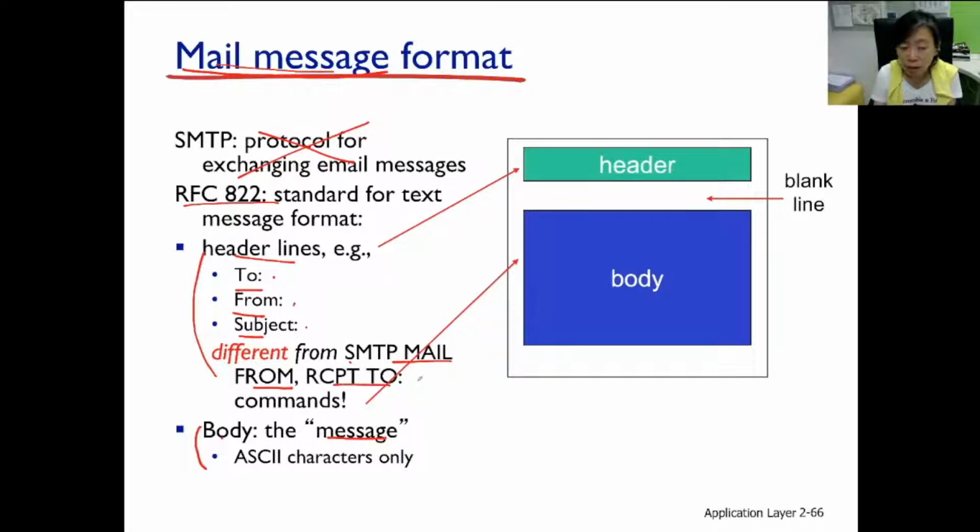RCPT TO, after the colon, you give the recipient's email address. So it sounds a little bit like the To line and the From line in the header, but they are actually completely different things. These go in the data part, while these go earlier, setting up a connection ready for data exchange.